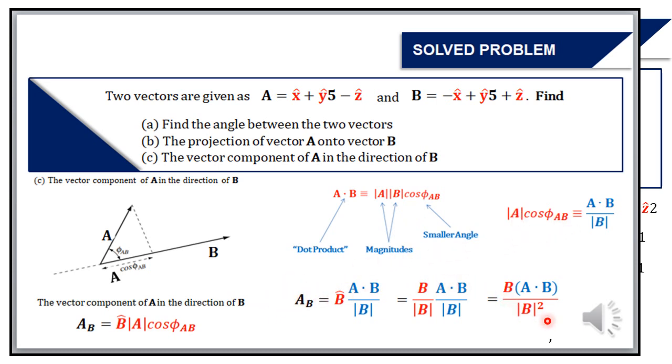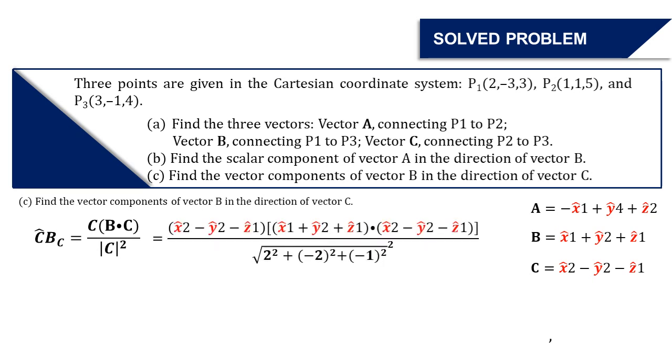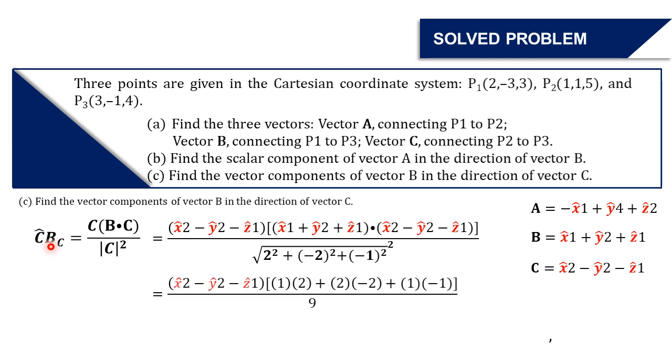So ang nakuha natin formula is that it is the B times the dot product of the two vectors all over the square of the magnitude ng vector B. So yun yung gagamitin natin. Okay? And the vector component of vector B in the direction of vector C is given by C hat B sub C is equal to C times B dot C all over C squared.